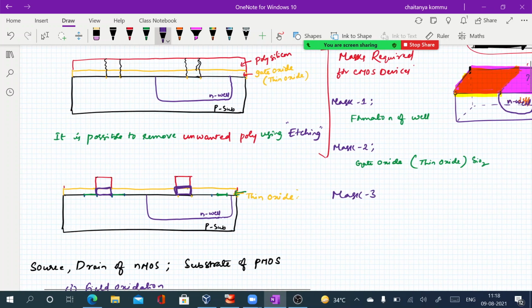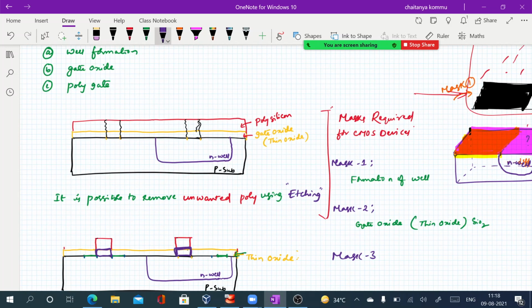Polysilicon deposition. You can see here we have placed the polysilicon on the entire surface, right? But the polysilicon is required only in the middle, on top of the gate oxide only. So that means we have to create some pattern on a mask.